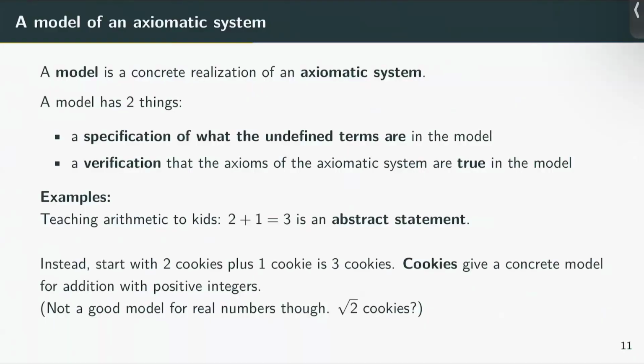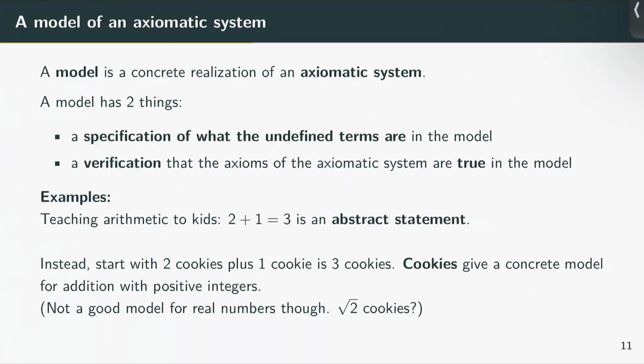So let me give some examples. The first example is teaching arithmetic to kids. Right? So if I tell you 2 + 1 = 3, that's at some level of abstraction that maybe, I'm not sure when the correct age is, maybe a 4-year-old is not really ready to understand. Instead, what we do is we start with a model where we say something like 2 cookies plus 1 more cookie is 3 cookies.